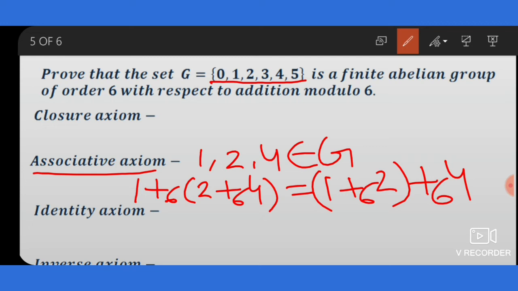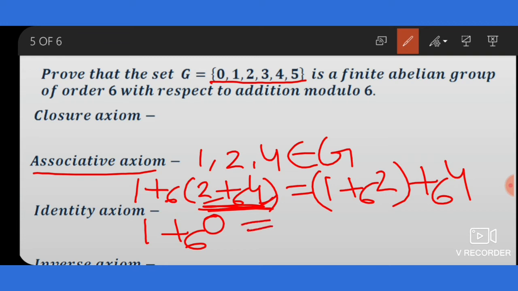We solve this. 2 plus 4 equals 6, 6 modulo 6 equals 0, since 6 divided by 6 leaves remainder 0.